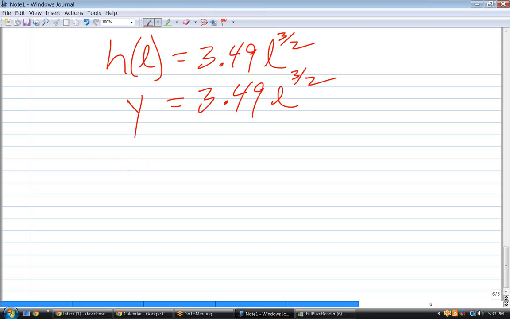No. What's the first step in solving for the inverse? When I said switch the variables, I didn't mean switch y with h of L. In other words, once we have the function described like that, now you got to switch the variables and solve for y.